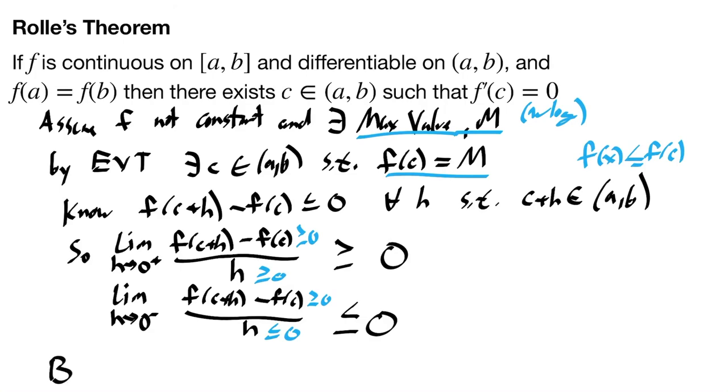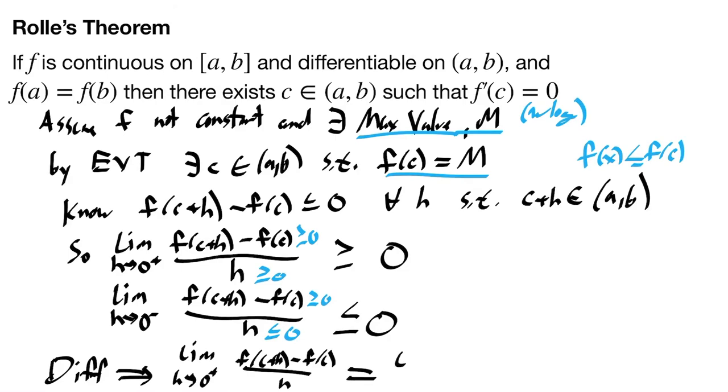If my limit exists, and because it's differentiable, it means this limit exists. Because it's differentiable, the limit as h approaches 0 from the right of f of c plus h minus f of c over h has to equal the limit as h approaches 0 from the left of f of c plus h minus f of c over h, because that's what it means to be differentiable.